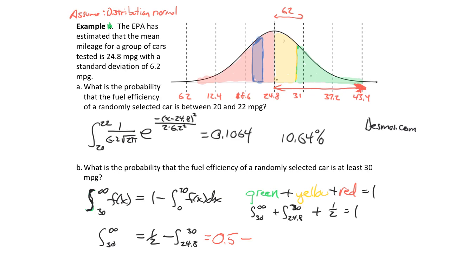The integral is equal to about 0.2992, which will give us an answer of 0.2008. So that's 20.08% chance of it being at least 30 miles per gallon.